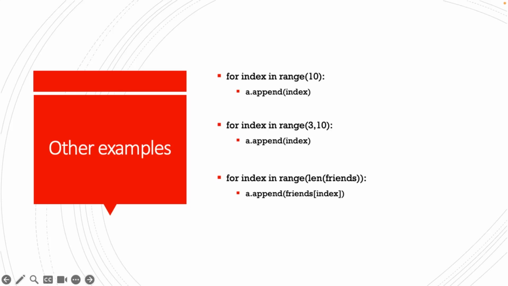Right, okay guys, for index in range 10, A dot append index, what does that do? Come on, tell me. Just add it underneath whatever you've done. Okay, let's make it easier. Instead of A dot append index, just say print index.